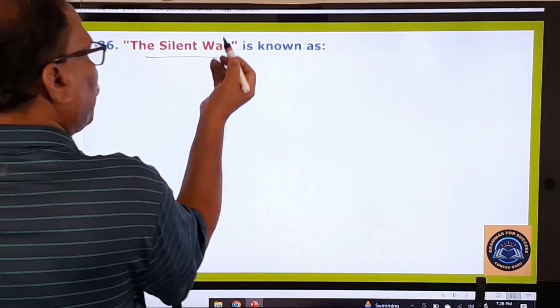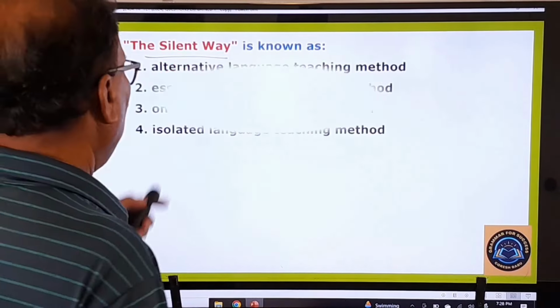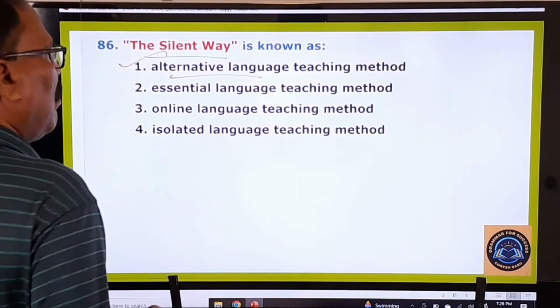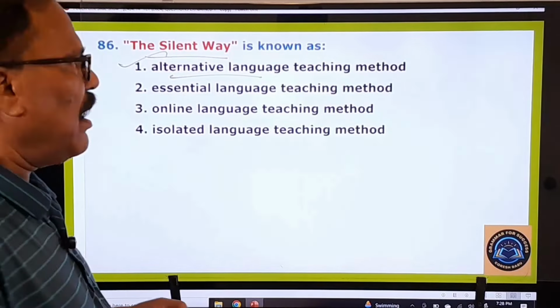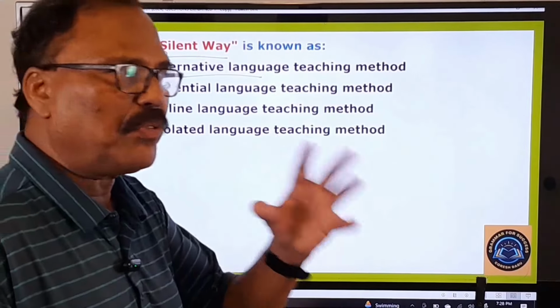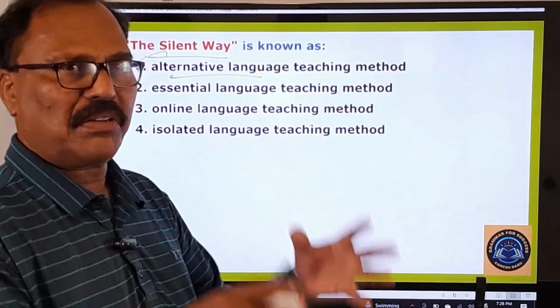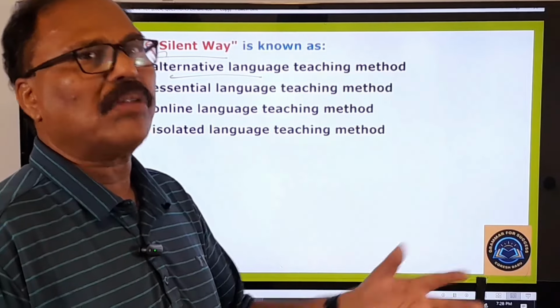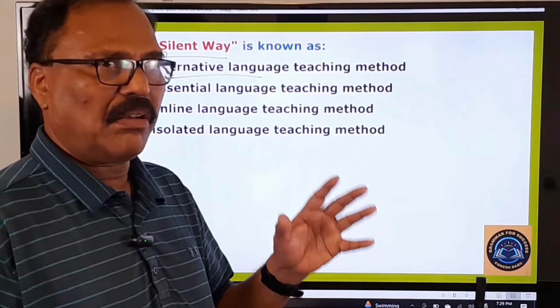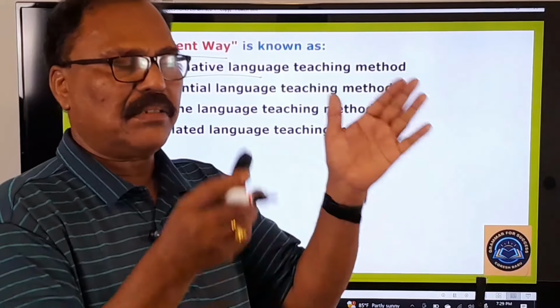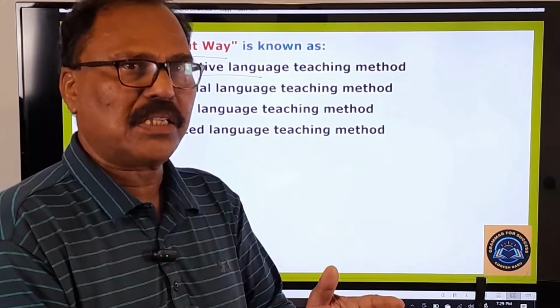The silent way is known as an alternative language teaching method. So this is a beautiful language teaching method, and in this way the students will enjoy total autonomy, and they enjoy total freedom, and they will learn on their own. The teacher will not help them in any way. Only the teacher will be monitoring the class, and the students will learn all those things on their own.